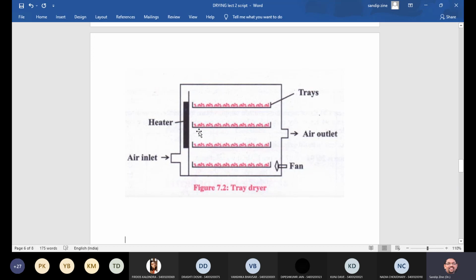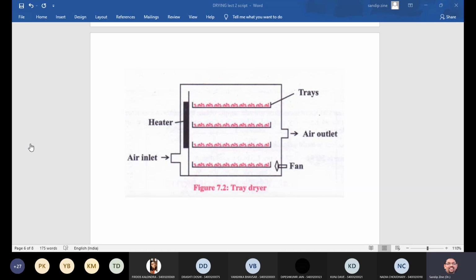And these trays are surrounded with the heater, as dryers work on heat transfer as well as mass transfer, so these heaters are there to provide heat to all these trays. There is an air inlet and an air outlet, and a fan for cooling purpose is installed over here in the tray dryer.